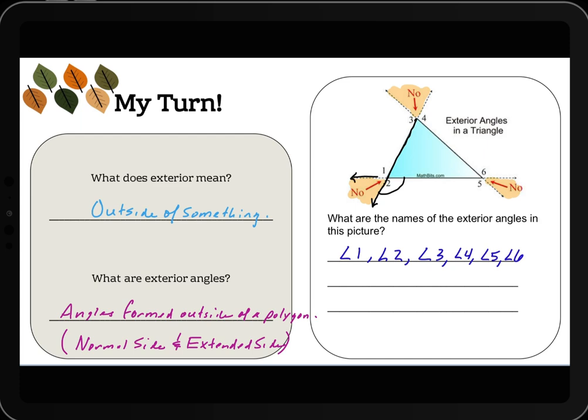So angle 1 and 2 are created by extending one of the side lengths of the triangle and the normal side length of a triangle. Same thing with angle 6. It's created by that extended side and that normal side. And again for 3, this extended side and that normal side. And so that represents what an exterior angle is in the triangle.